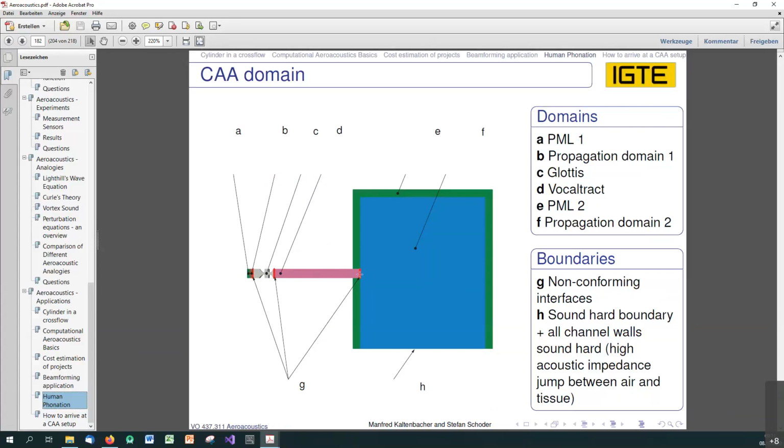Here it's just a straight pipe because we would like to validate our model with the measurements we had done before. And then the other interface, towards the cube, is the opening of the mouth.